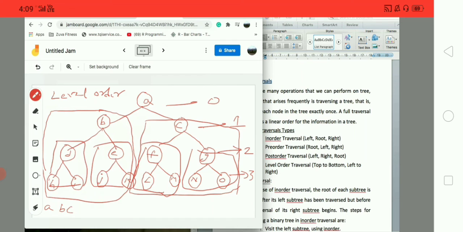After that we have the second level, and we check from left to right: D, E, F, G. So another level is finished, and we have the last level: H, I, J, K, L, M, N, O. So in this way, in level order traversal, each and every node will be visited.